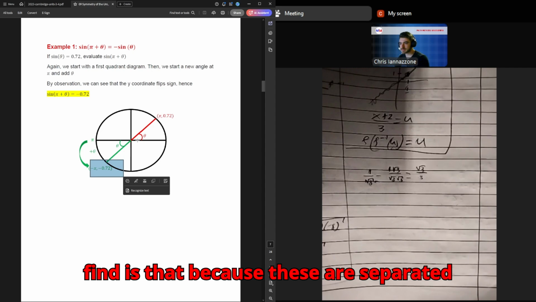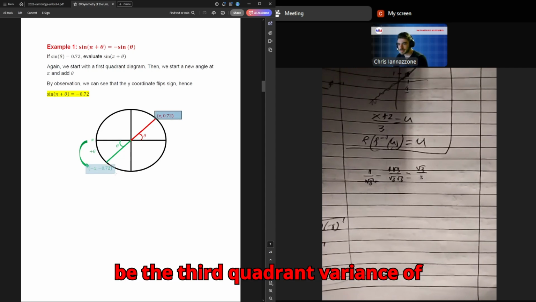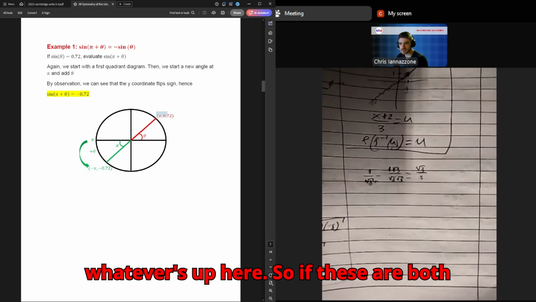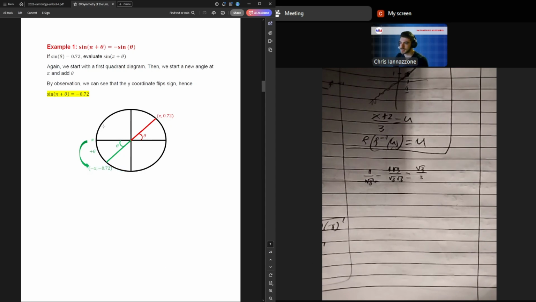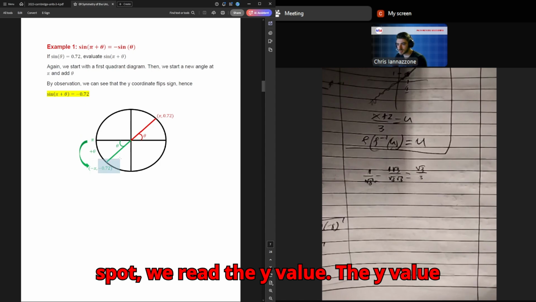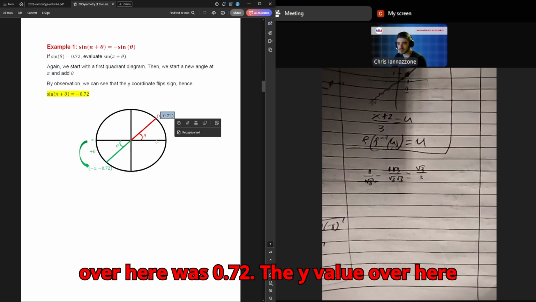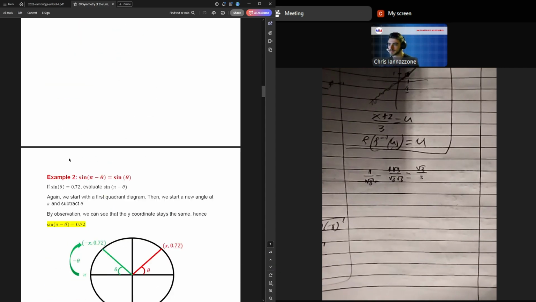What you'll find is that because these are separated by pi, this is just going to be the third quadrant variant of whatever's up here. So if these were both positive, then these would both be negative. Since we're looking for sine at this spot, we read the y value. The y value over here was 0.72. The y value over here is negative 0.72. Hence, that's our answer.